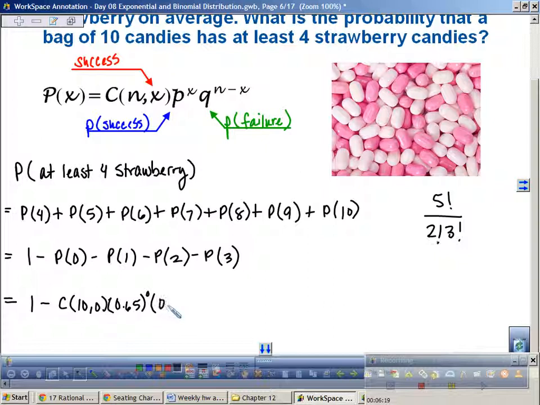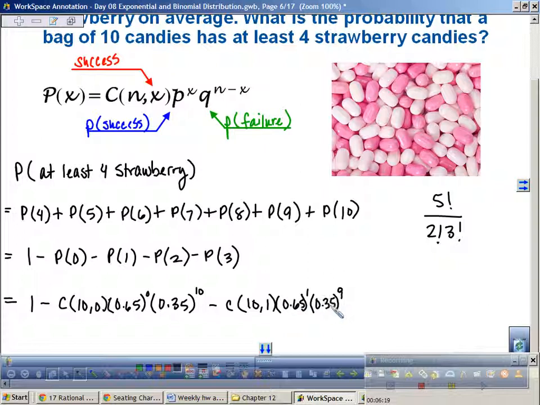If this is 0, then the failure has to be 10, because 10 and 0 have to add up to 10. Got it? Minus C, 10 choose how many? 1. Therefore, this one's going to be 1, and this one's going to be 9. This is 0.65.